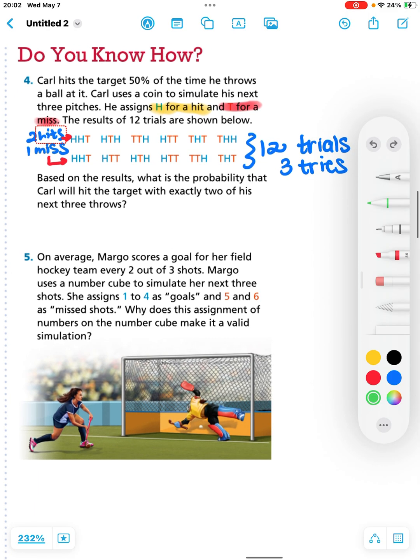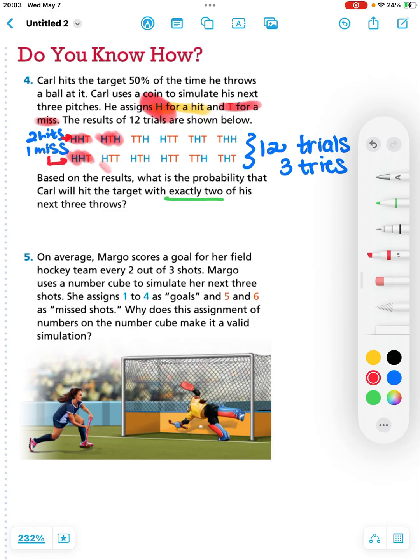So based on the results, what is the probability that Carl will hit the target with exactly 2 of his next 3 throws? So there's that word exactly. We are looking at exactly 2 hits. So that means looking at our coin, we're looking for that H. So 2 H's, 2 H's, 2 H's.